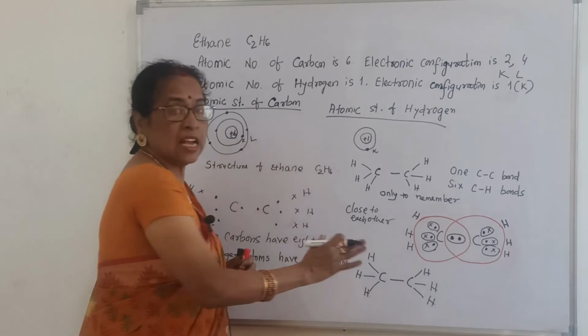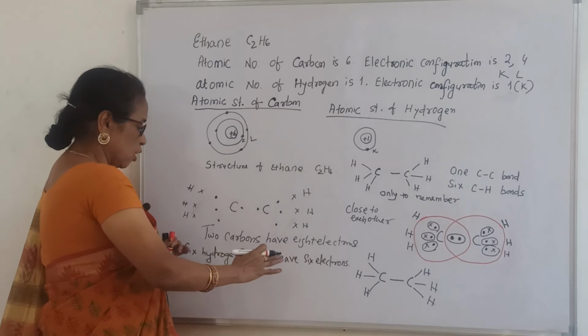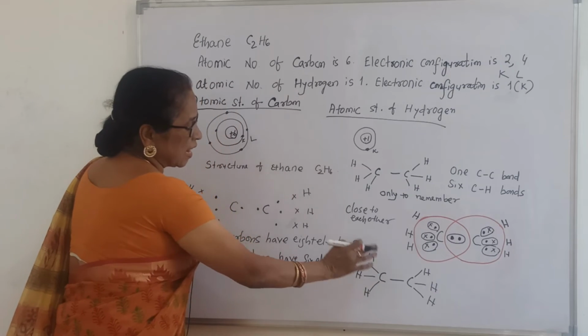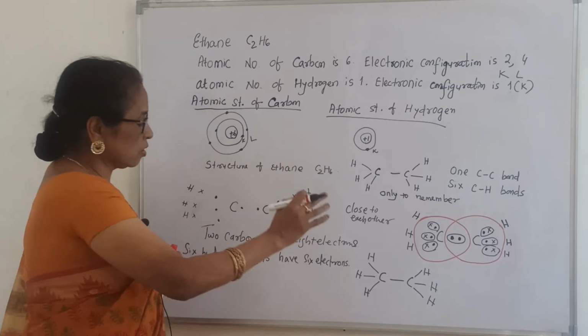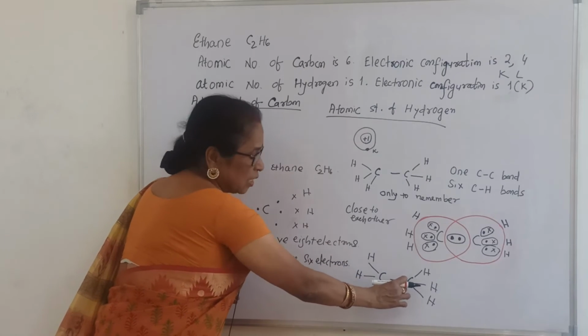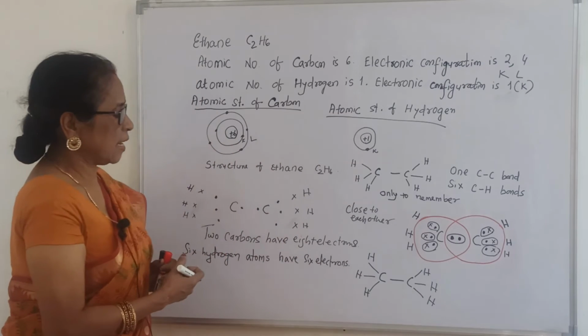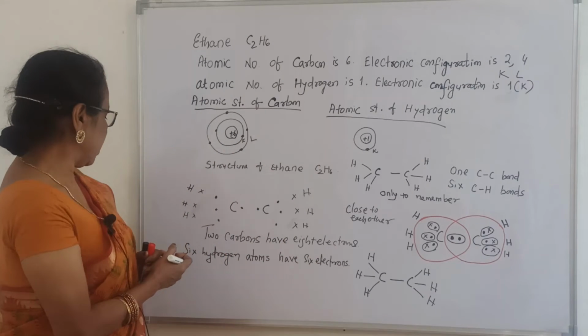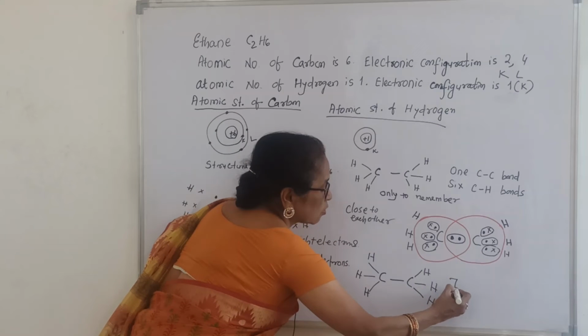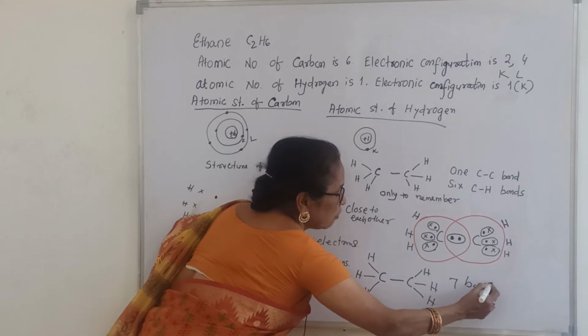The left side has 3 covalent bonds, in the middle 1 covalent bond, and this side 3 covalent bonds. Total how many covalent bonds? That is 7 bonds. 7 bonds will form.